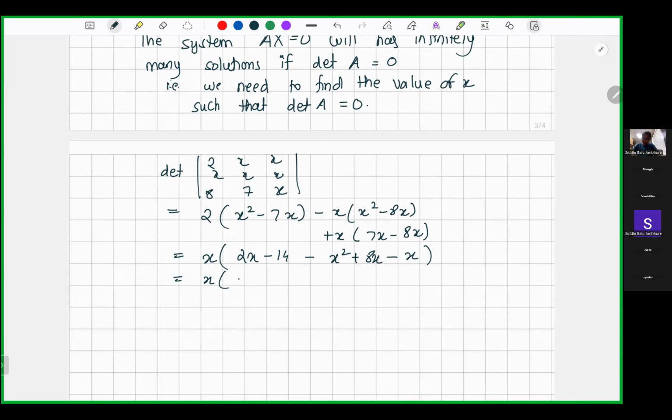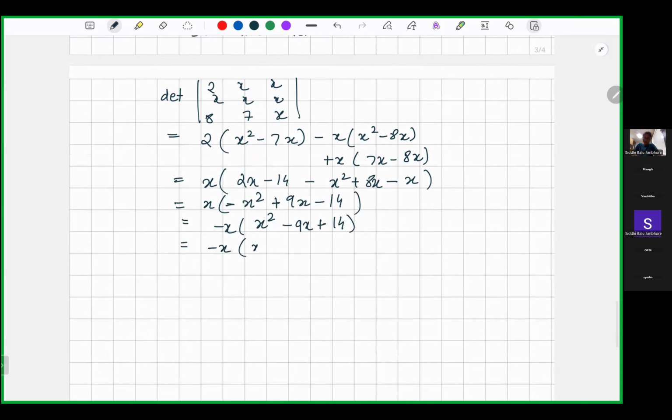So this is x square, or this 10 minus 9x, 2 plus 9x minus 14, and this is minus x. So this is minus x into x square minus 9x plus 14. So this is x minus 7 and x minus 2, if you check correctly.